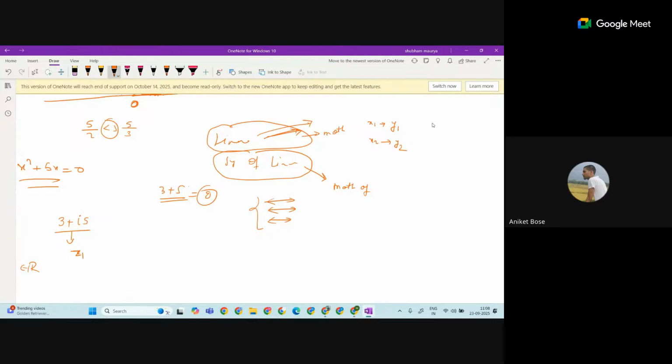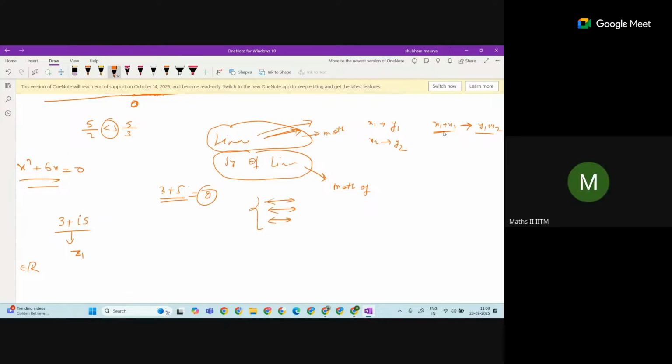That happens only if the system follows additivity. But linear happens only if there is additivity and homogeneity together.